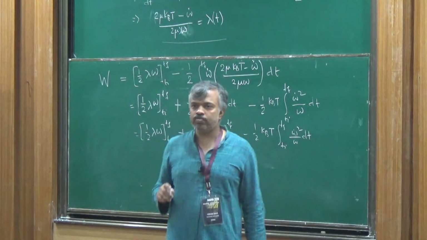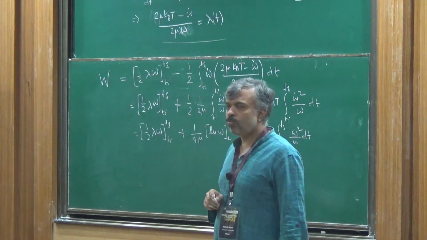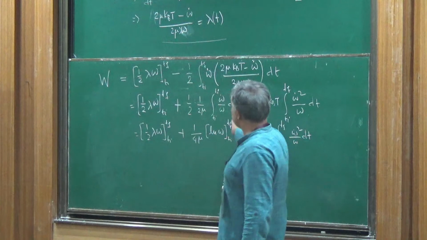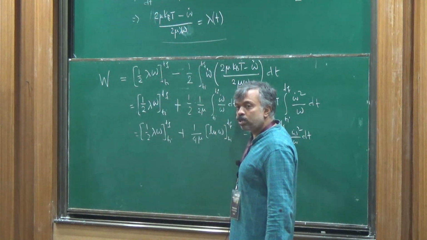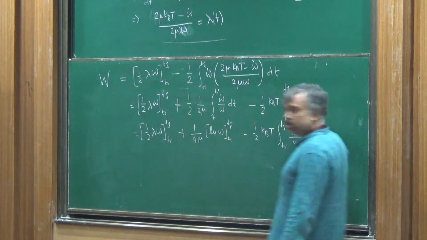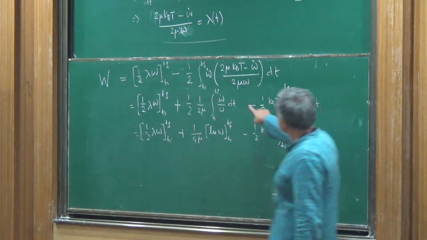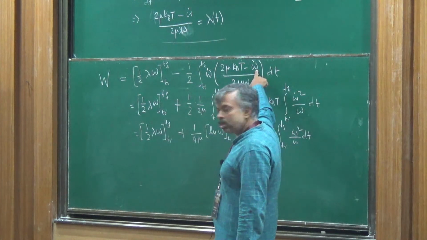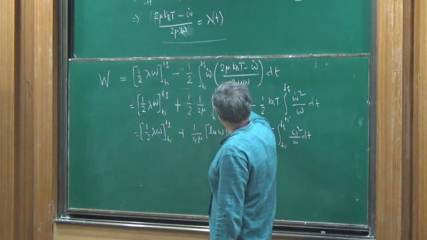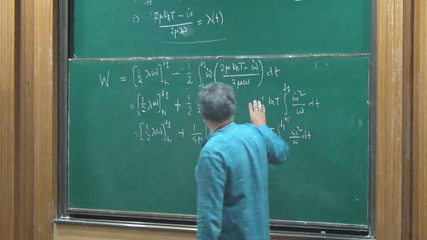I think the middle term is omega dot square by omega. This is omega dot, so omega dot is on the right.